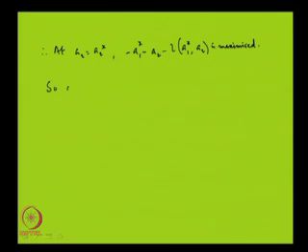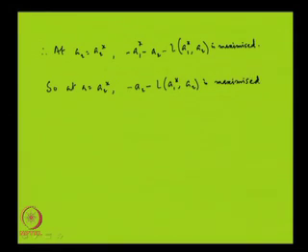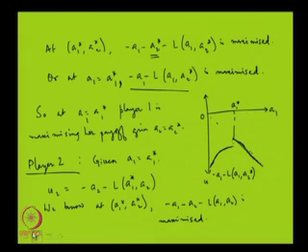So, I am going to remove this constant part. And that is the proof. What we have found is that this is the payoff function of player 2 and this is maximized at A2 is equal to A2 star.